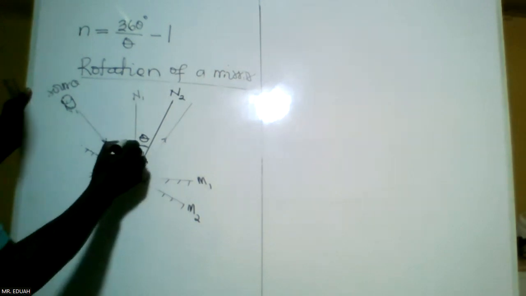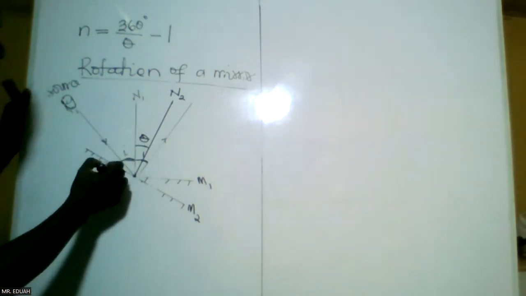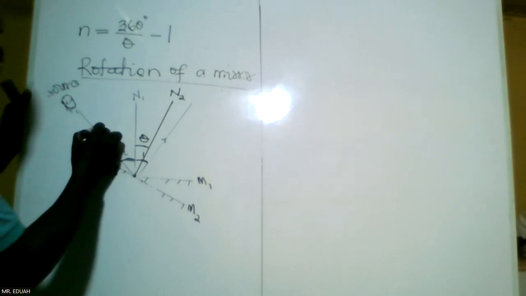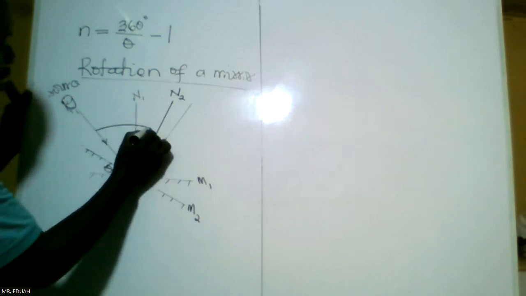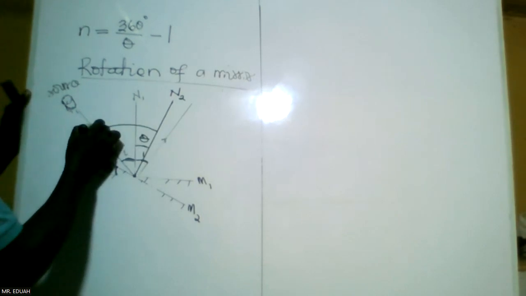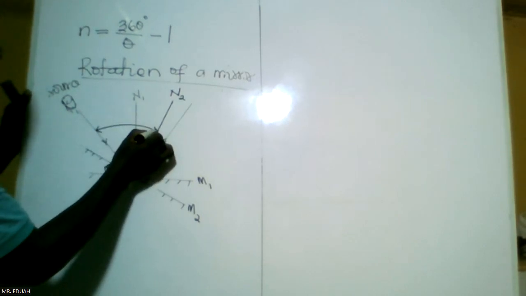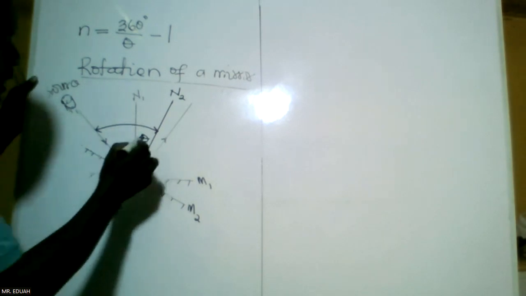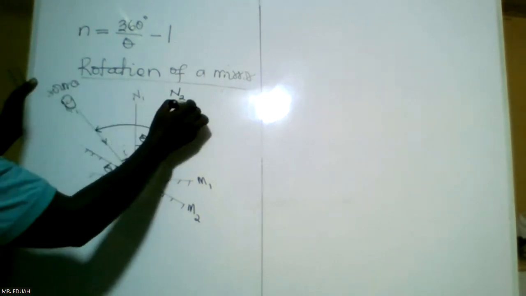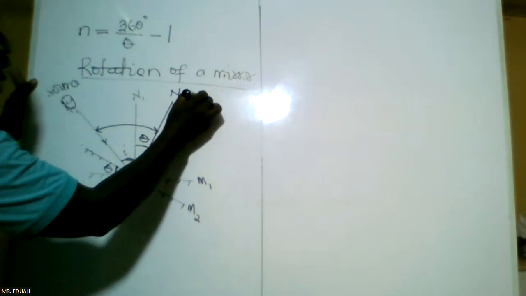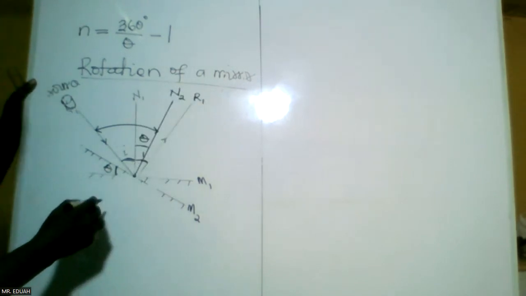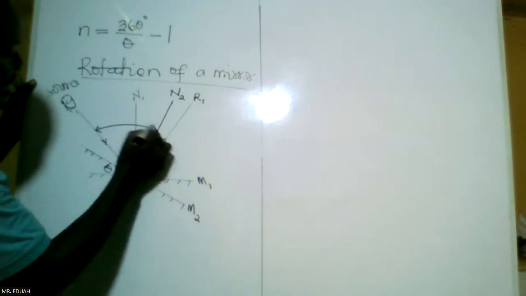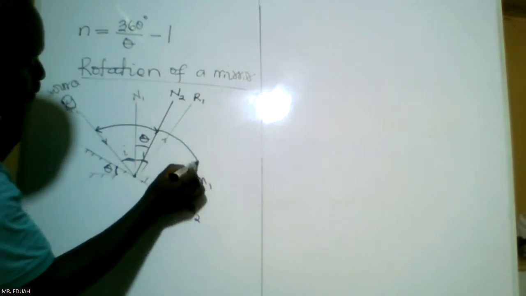If we are measuring the new angle of incidence, it will be the angle between the incident ray and the new normal. Meaning there will be a new angle of refraction, which must also be equal to this magnitude.